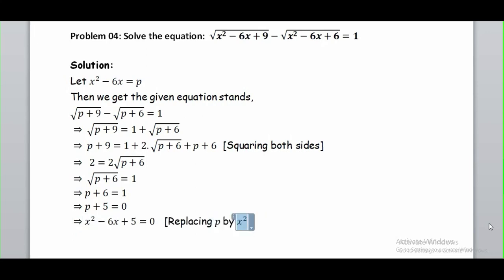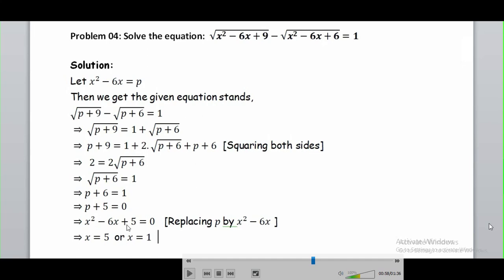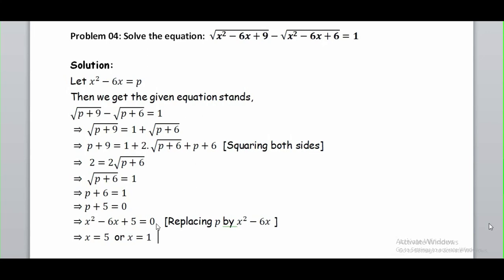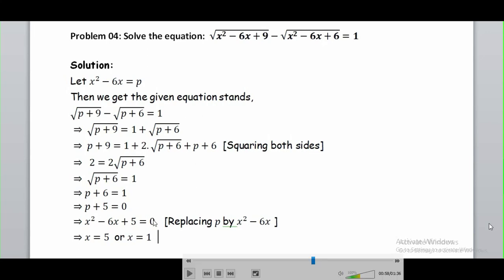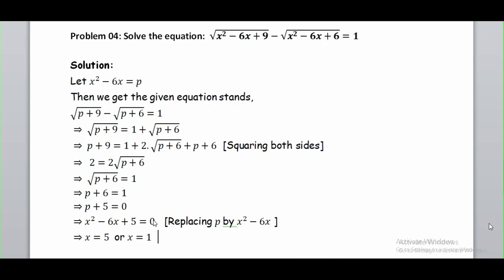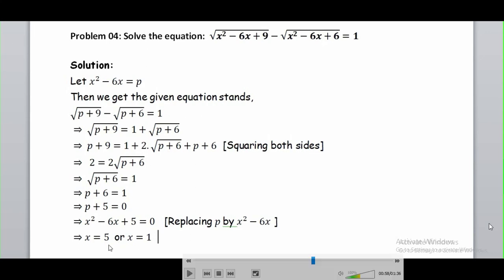Now we will replace p by x square minus 6x. Now as this is a quadratic equation, x square minus 6x plus 5 equal to 0, we can solve this equation by middle term or by using the general formula, and whichever you use you will get the value of x equal to 5 or x equal to 1.